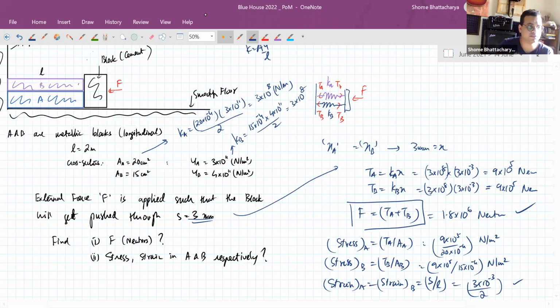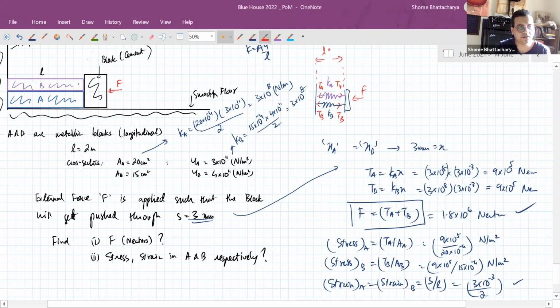Okay, so as you can see, this type of situation becomes very easy. Each of the equivalent springs is exactly in the same state.